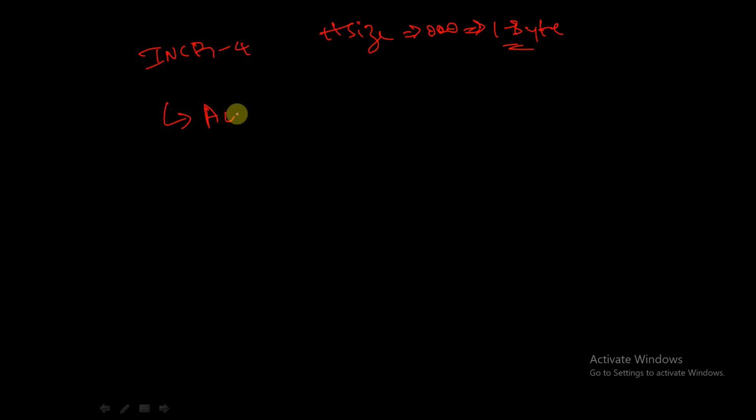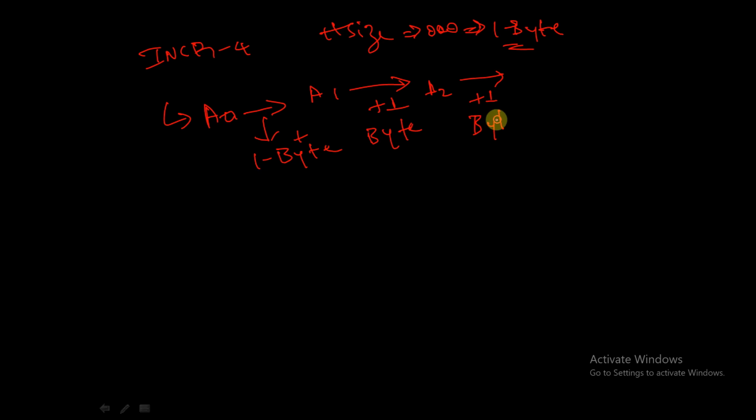And in case of INCR4, we will take the same case, that is hsize is equal to 000, which is 1 byte. Then the starting address will be A0, and the address will increment by 1 byte to A1, next plus 1 byte to A2, and plus 1 byte, it will increment to A3, and so on.